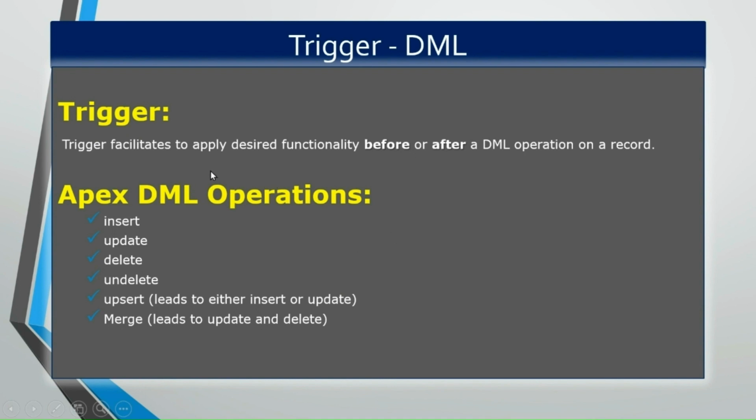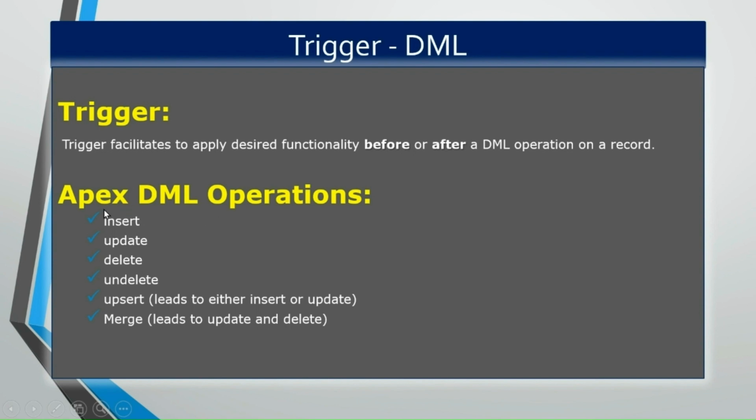So if you want to perform your custom functionality before inserting a record, or if you want to perform any operation after inserting a record, or otherwise if you want to perform your custom functionality before updating a record or after updating a record, and sometimes we may require to perform your custom functionality after deletion of the record or before deleting the record. For all these kinds of requirements, it is better to go for the triggers. We will cover all these kinds of requirements in our demo sessions.